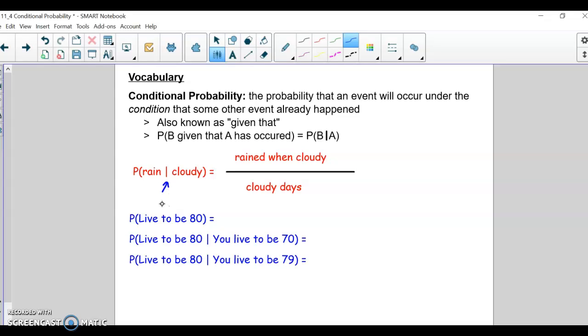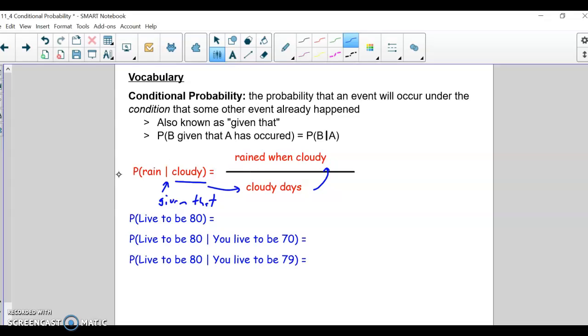And the line means "given that." So this will read: probability that it'll rain given that it's cloudy out. Okay, and so your bottom number, given that it's cloudy, means we'll look at all the cloudy days here, and then out of those cloudy days, how many days did it also rain? All right, and that'll be the top number.